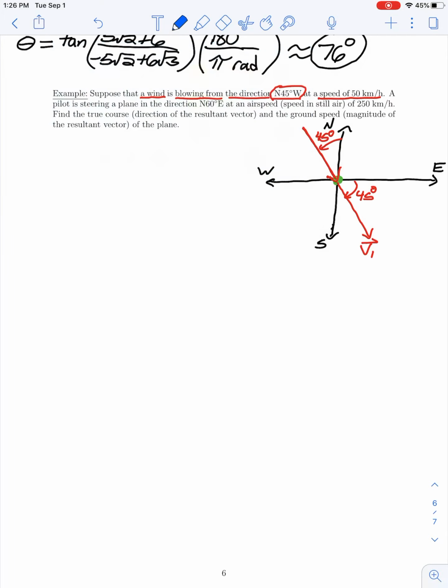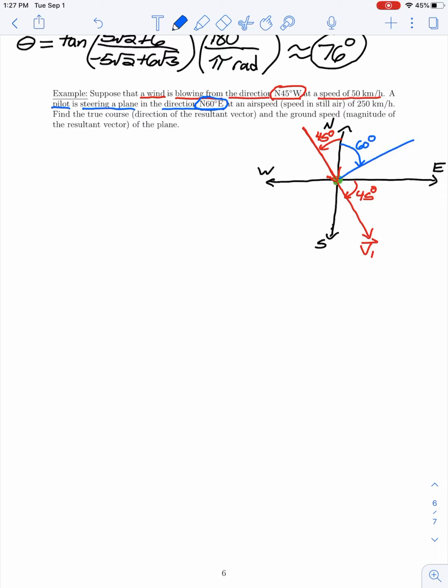Now we're also told that we have a pilot who is steering the plane in a direction 60 degrees east of north. So again, this notation, north 60 degrees east, means that from the due north direction, or the positive y-axis, I'm rotating towards the east by 60 degrees.